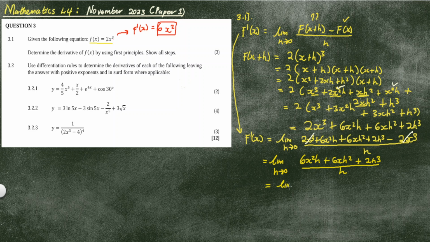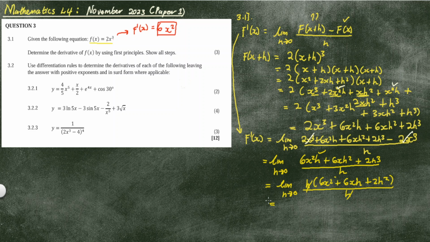You take out 2h as a common factor, which leaves 6x squared h plus 6xh plus 2h squared, divided by h, then the h's cancel.